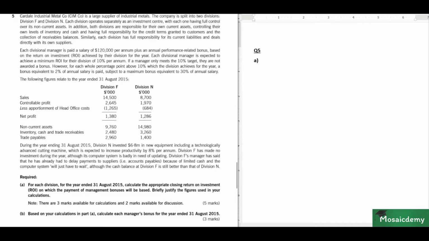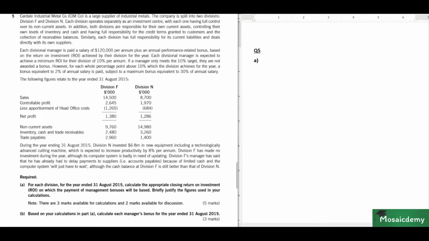On which payment of management bonuses will be based? Briefly justify the figures used in your calculations. What do they mean by justifying our figures? Well, remember that these calculations for divisional performance, such as ROI and residual income, are based on controllable profit and controllable capital employed.